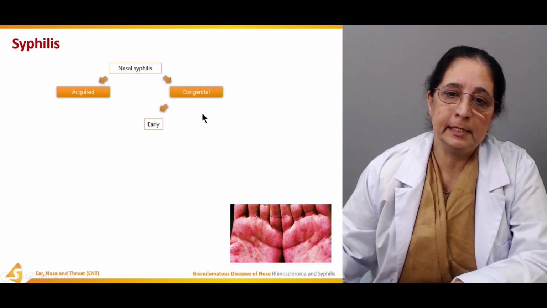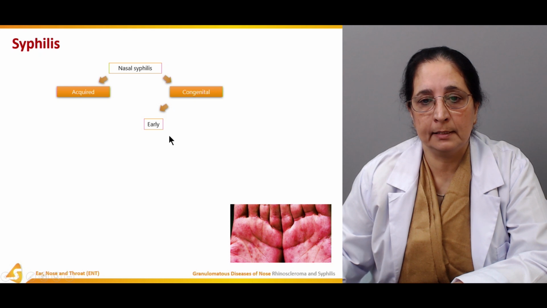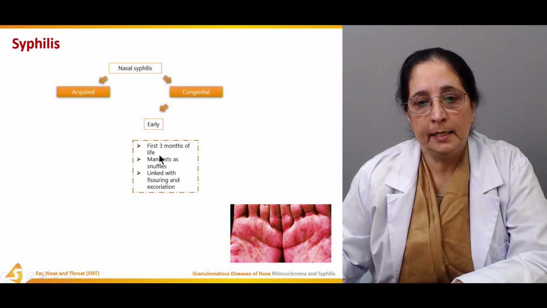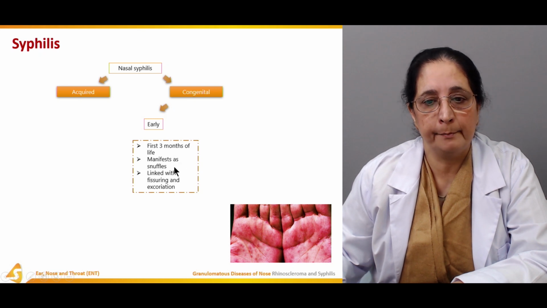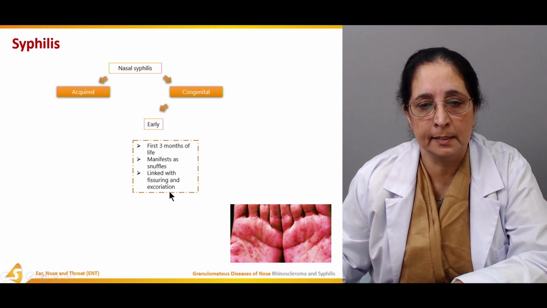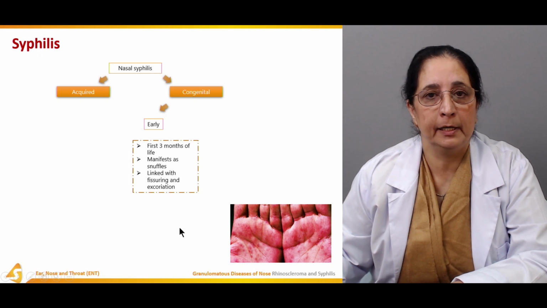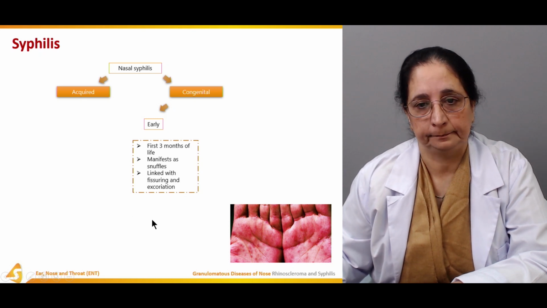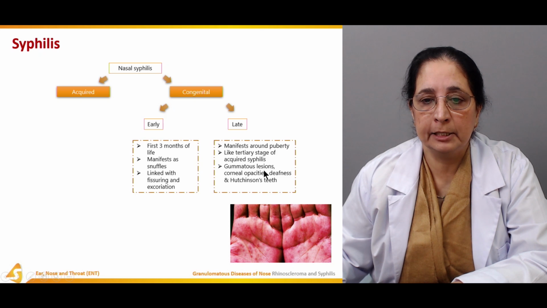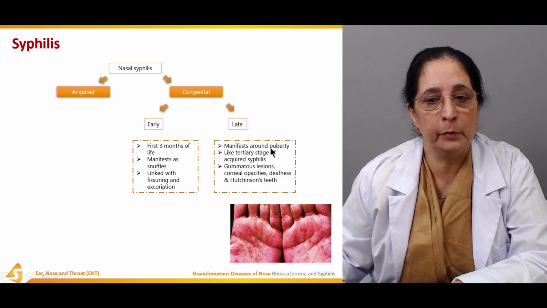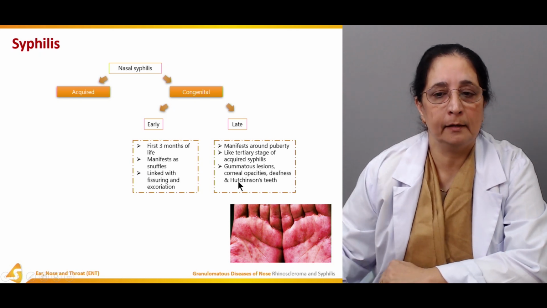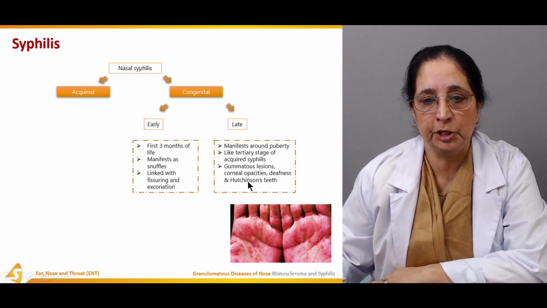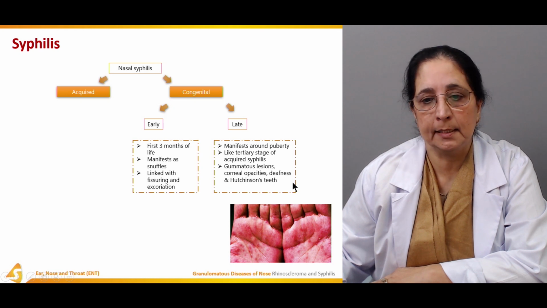Next, congenital nasal syphilis can be early. Early congenital syphilis occurs in the first 3 months of life and manifests as snuffles linked with fissuring and excoriation. Late congenital syphilis manifests around puberty. Like the tertiary stage of acquired syphilis, there are gummatous lesions, corneal opacities, deafness, and Hutchinson teeth.